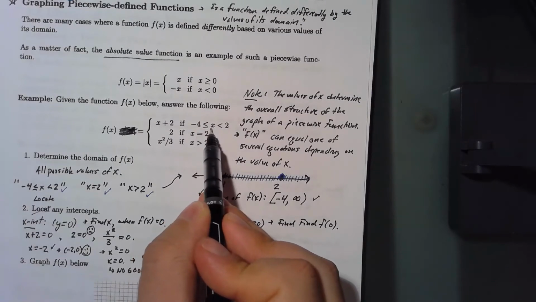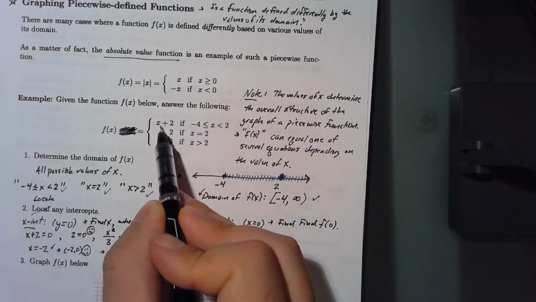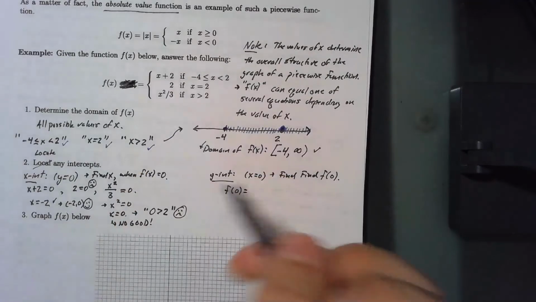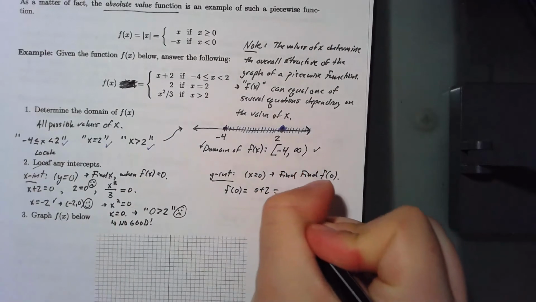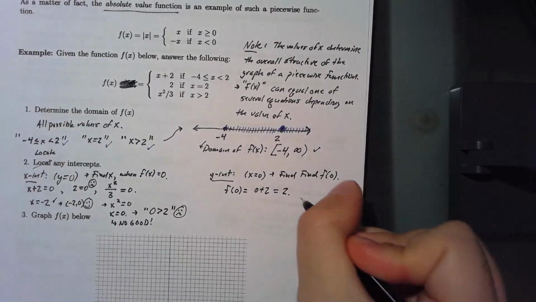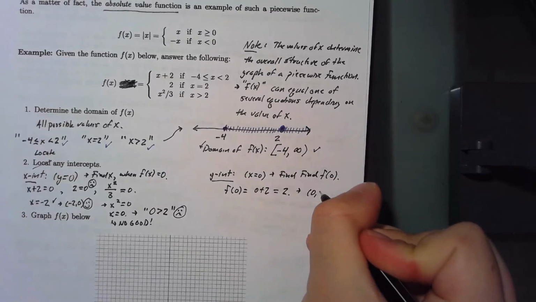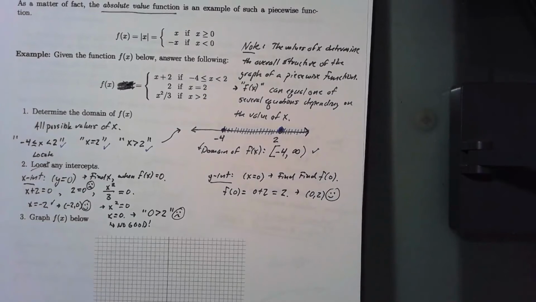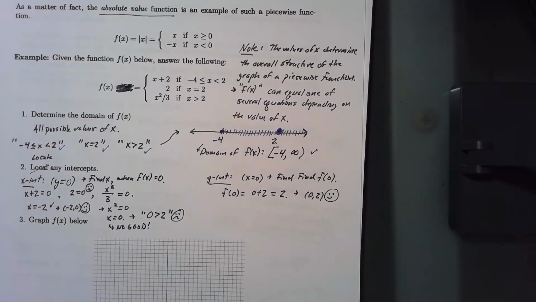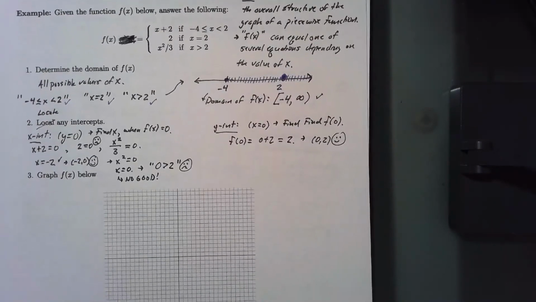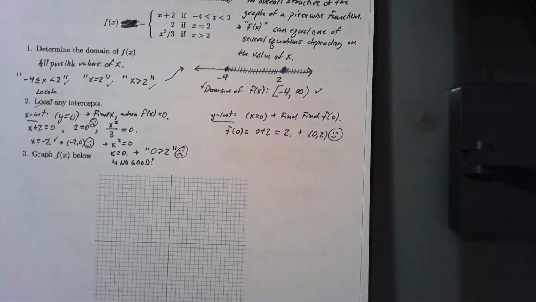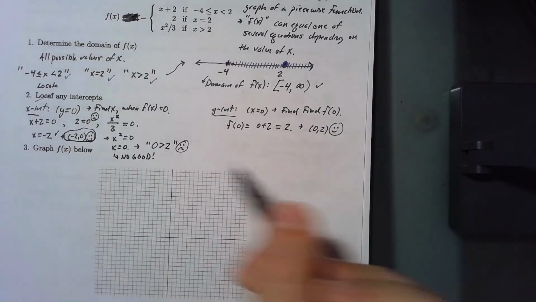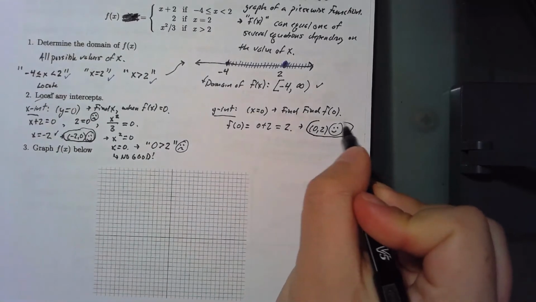So I'm going to go to x plus 2, or more specifically, 0 plus 2, which gives you 2. So my y-intercept is 0, 2. Those are my intercepts: negative 2, 0, and 0, 2.